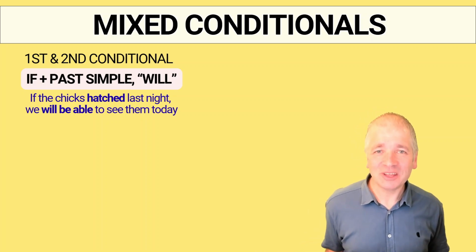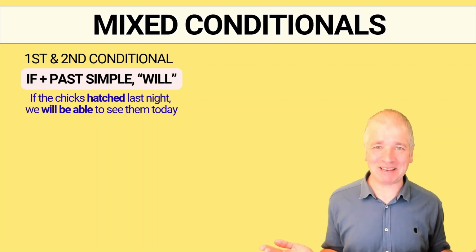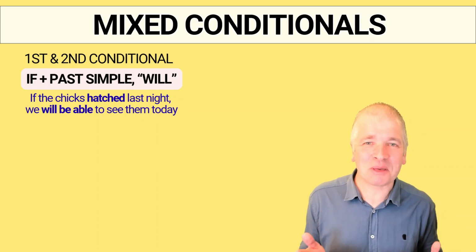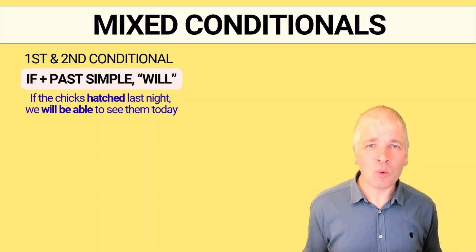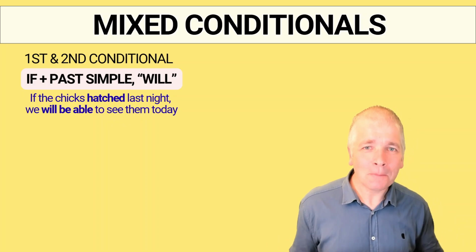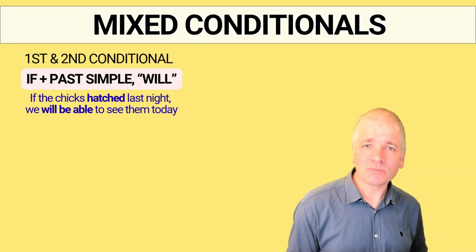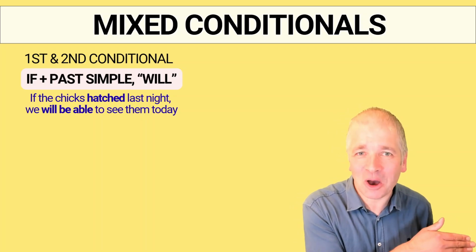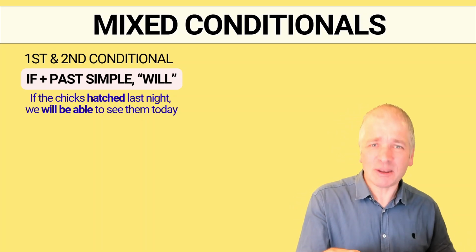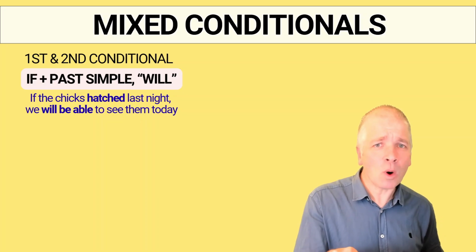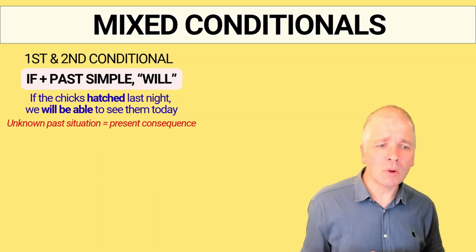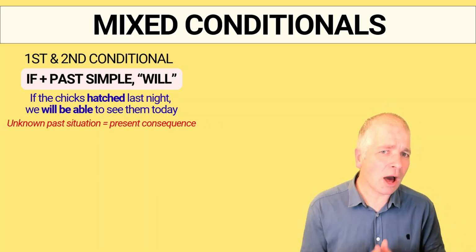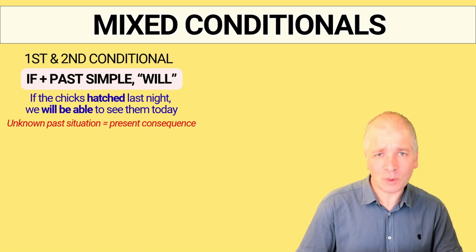So imagine that you have some chickens. The chickens are sitting on some eggs and we're waiting to see if they hatch. But we don't know if they've hatched, perhaps because we've not looked inside the farmyard yet. So we're kind of speculating here. So why do we use the past simple here? Well, what this means is we have an unknown past situation.